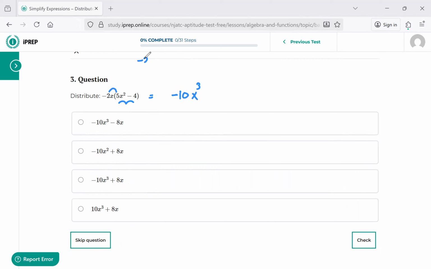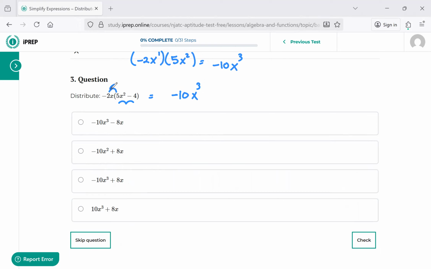Negative 2x to the 1 times 5x squared, you're multiplying two things, the constant and the variable. The constant, 5 times negative 2, is negative 10, and the variable is x to the third, right? Because what's x1 times x2? You add the powers because you're multiplying, so it would be x3.